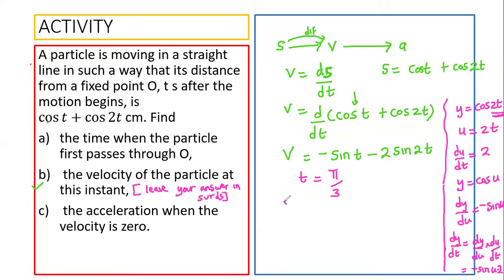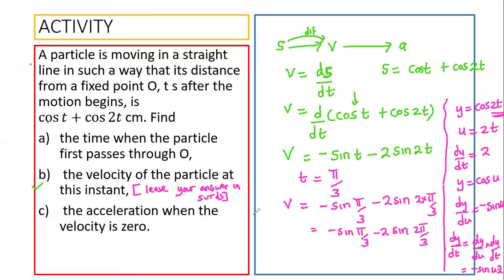So I'm going to say v is equal to negative sine of pi over 3 minus 2 sine of 2 times pi over 3, where there is t, I put pi over 3.